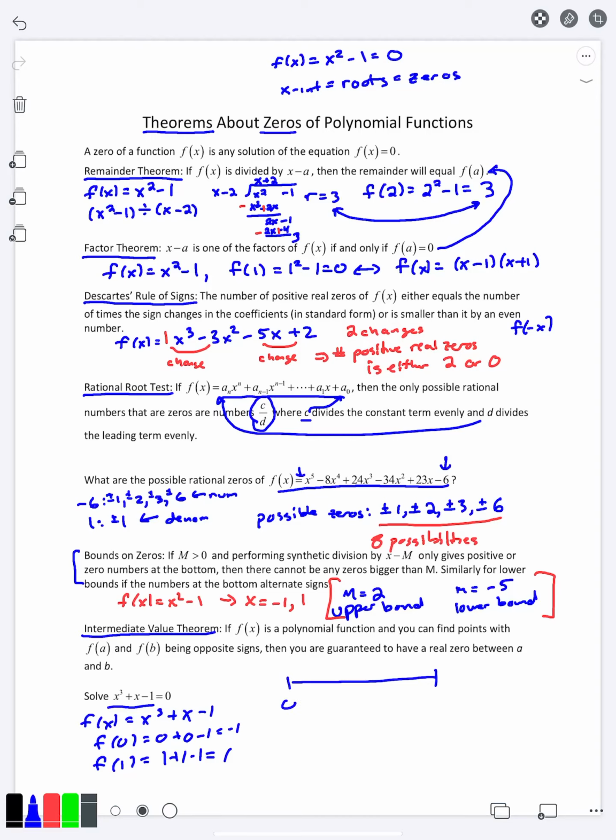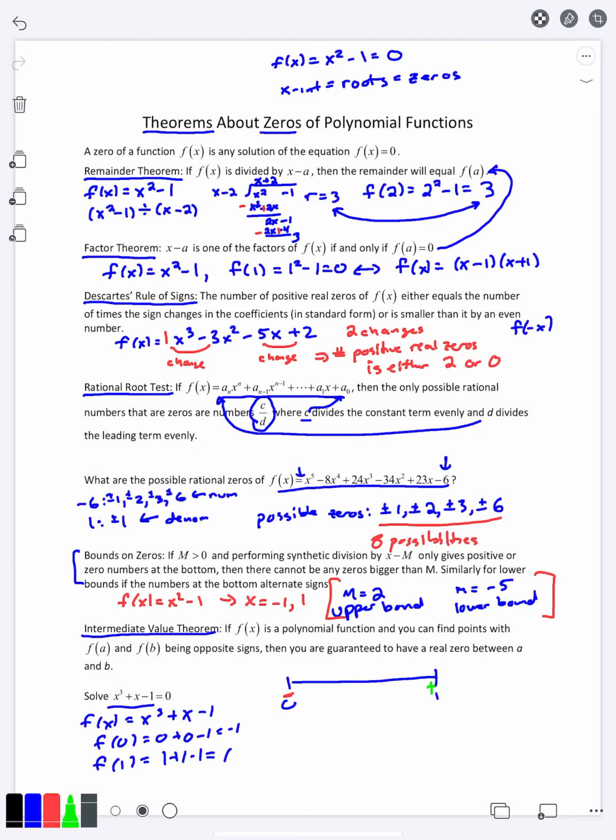So if you look at your number line here, we know that at 0 it's negative, and at 1 it is positive. And so by the intermediate value theorem, somewhere in between there, it's going to have a 0. Now, just like on our previous theorems, it does not tell us exactly what the value is. It does not tell us exactly what the 0 is that we are looking for. All we know is that it's somewhere between 0 and 1.